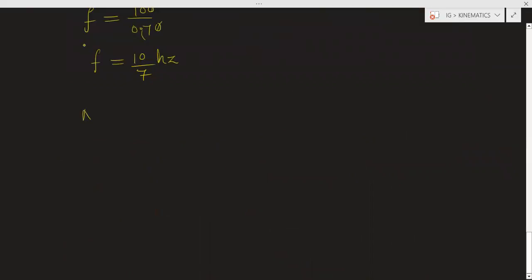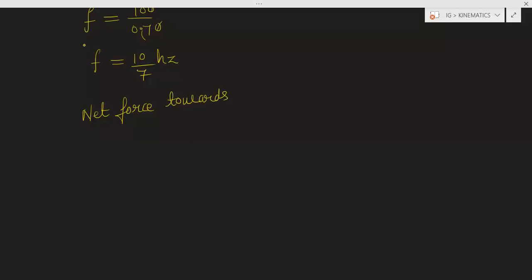So the net force towards the center is equal to the centripetal force.